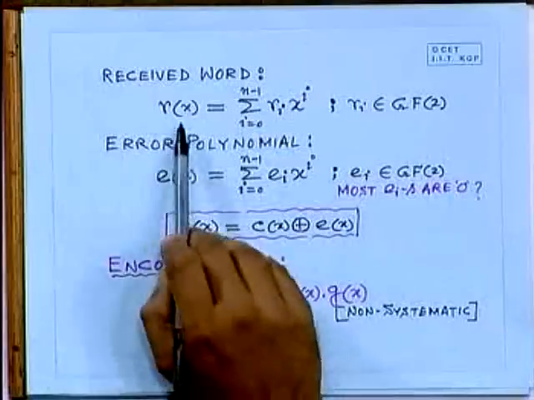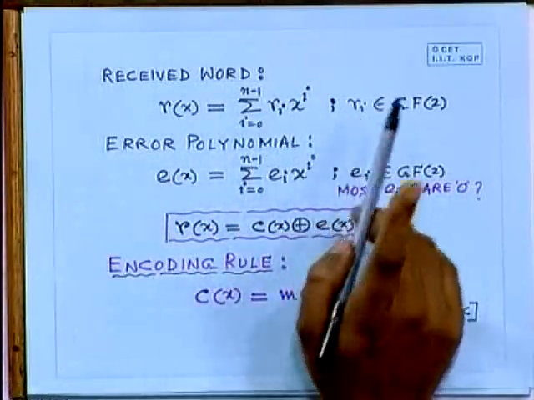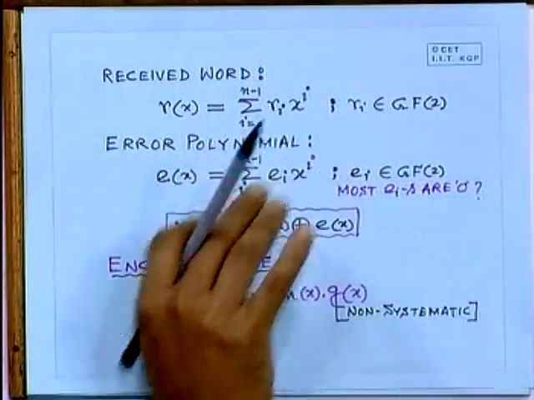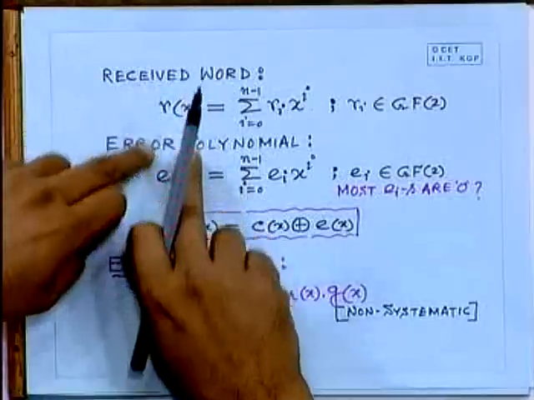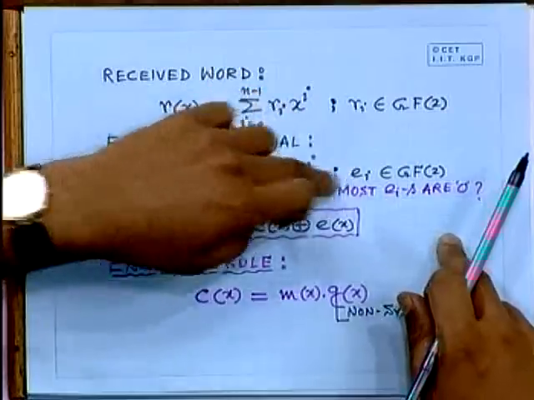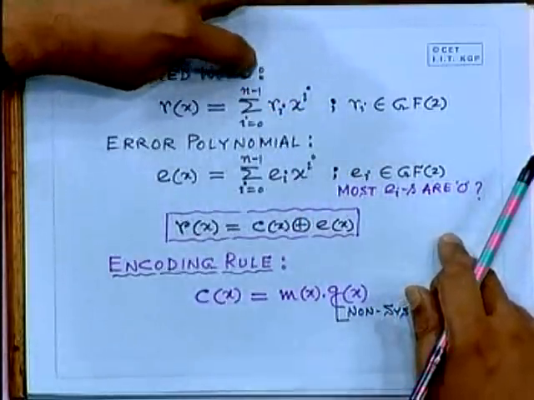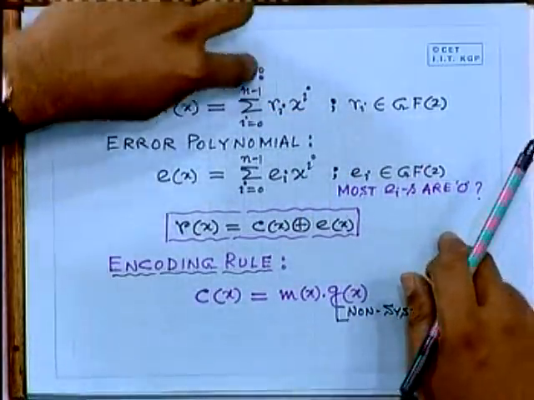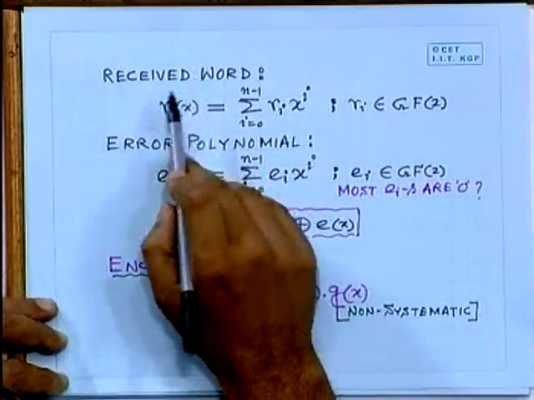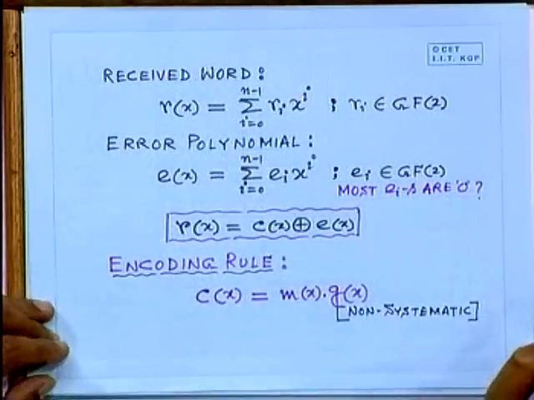See, Rx is a polynomial. We are calling this the received word polynomial. That polynomial I am not writing, but everywhere it is understood. The expression is that of a polynomial, so it is a received word polynomial, error polynomial, message polynomial. The word polynomial is implicit here. I avoided calling this a received code word.